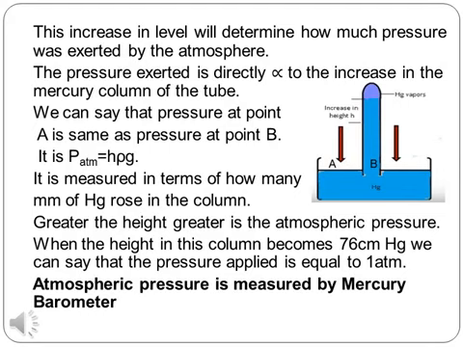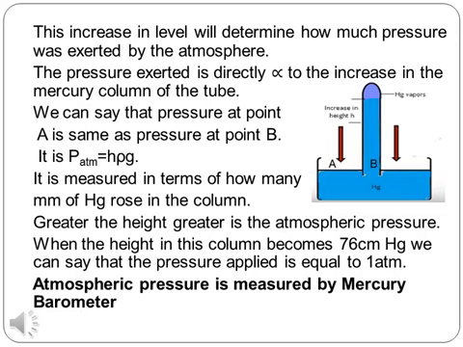This increase in the level of the mercury will determine how much pressure was exerted by the atmosphere. Let us see how this measurement is possible. The pressure exerted by the atmosphere is directly proportional to the increase in the level of the mercury column of the tube.